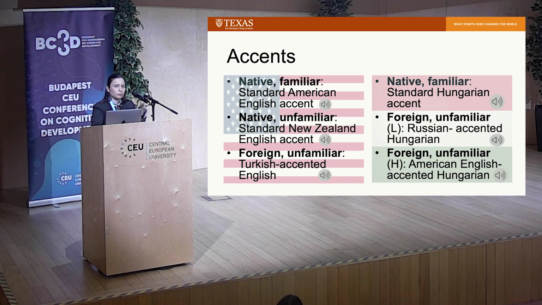And anecdotally, we hear that it's perceived in a positive light if someone is trying to learn Hungarian, because we take so much pride in our language being so complicated and so hard to learn. So we selected 2 different foreign accents, and we deemed that still there might be some status differences. So a Russian accent in Hungarian, due to the historical nature of Hungary, might be perceived as lower status, whereas the American English accent in Hungarian might be seen as higher.